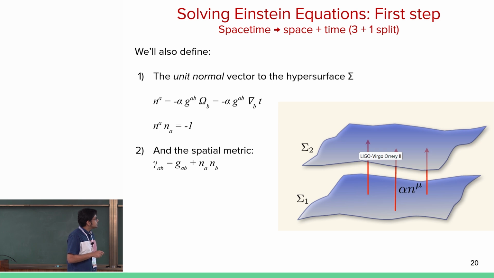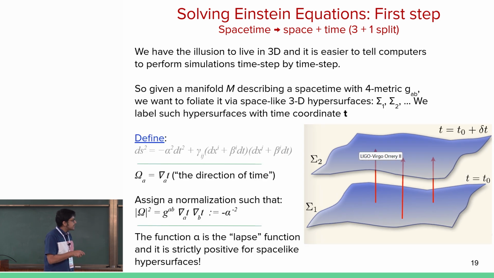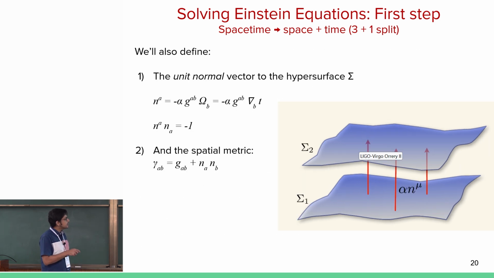Now, given this direction of time and a normalization, we can write down a unit normal vector, which is written as this: lapse function times the 4D spacetime metric, and then the gradient of the time scalar field. And because of the signature that we use, the norm of this vector will have to be -1.